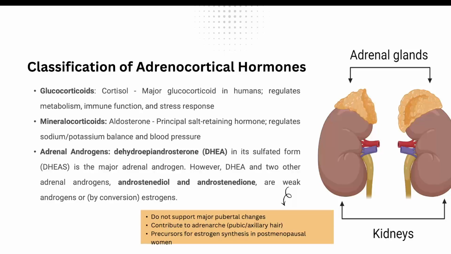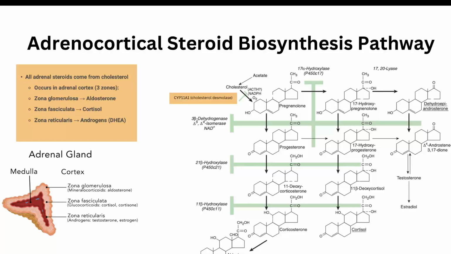From the name adrenocortico, these adrenocorticosteroids are biosynthesized in the cortical part of the adrenal gland. The adrenal cortex itself is divided into three layers: the zona glomerulosa, the zona fasciculata, and the zona reticularis.